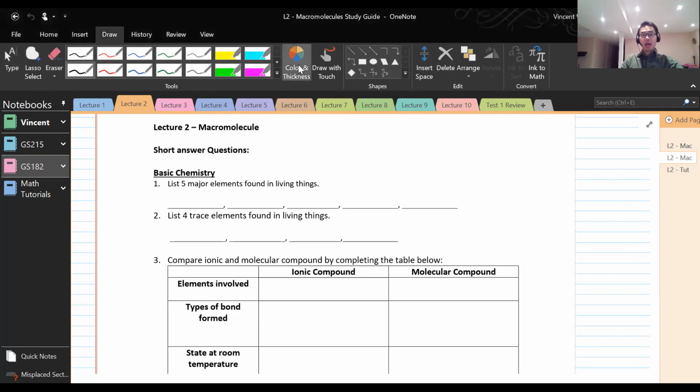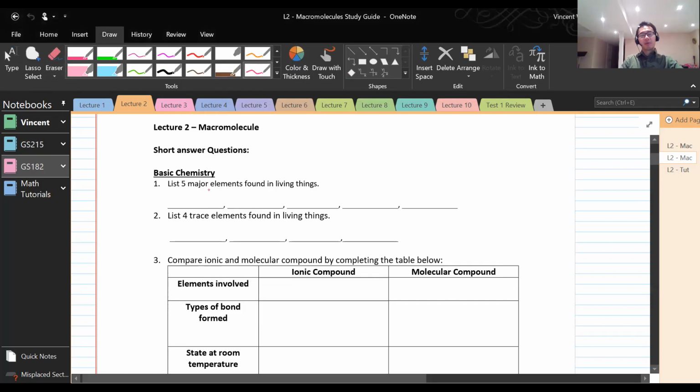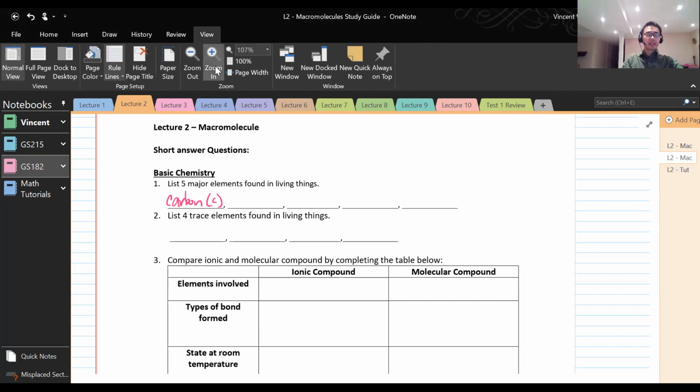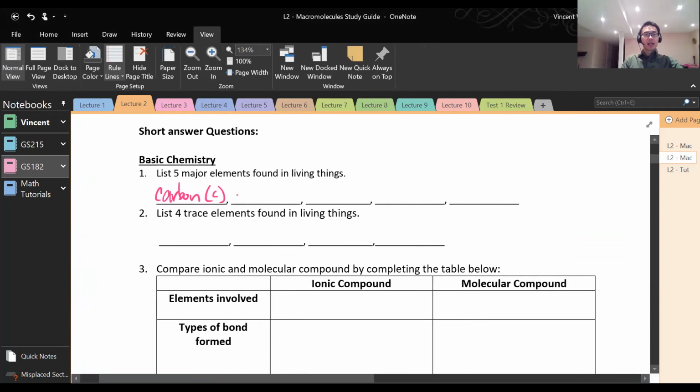We are made up of many different types of elements, but there are five elements that are particularly high in percentage. In no particular order, we have carbon. The symbol for carbon is C. We have a lot of carbons. We also have a lot of oxygen.